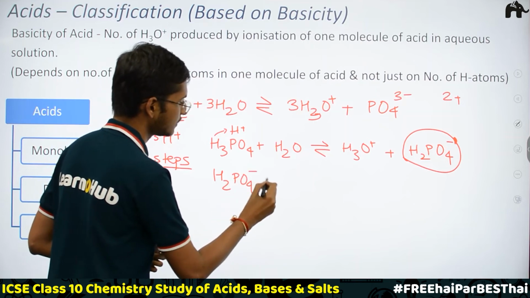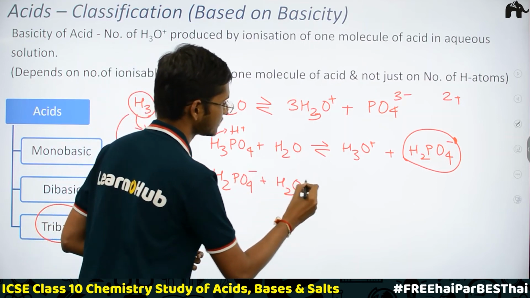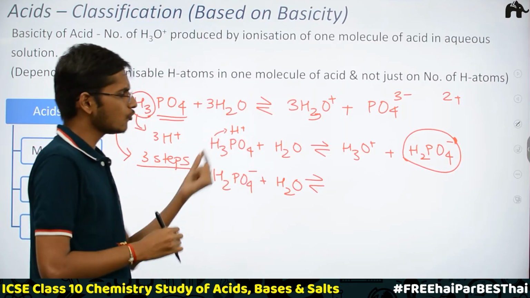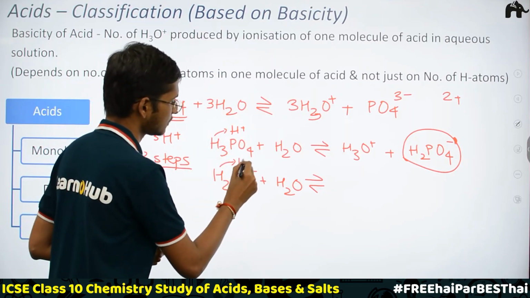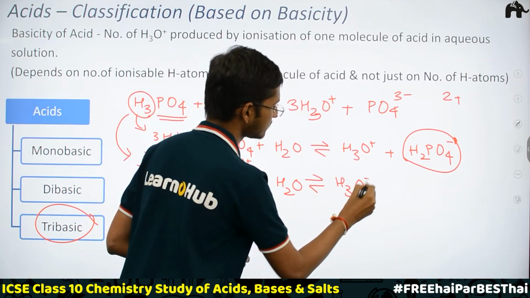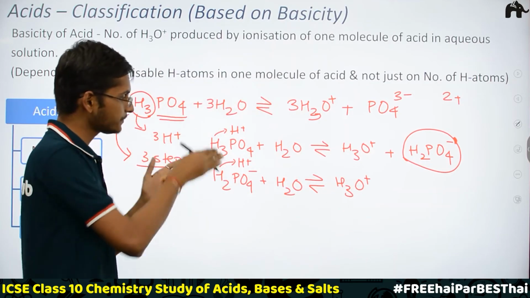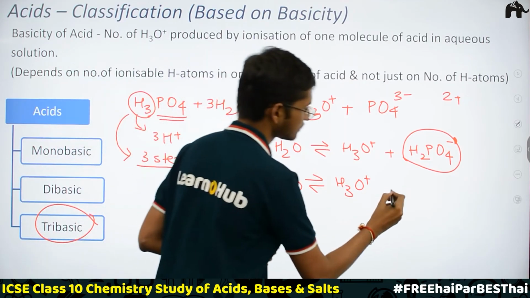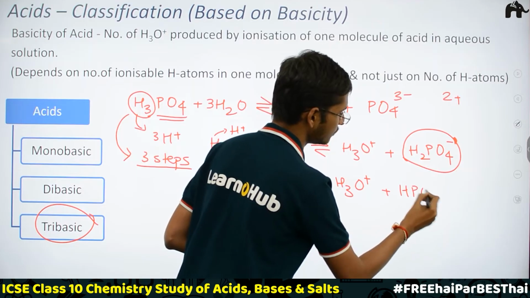Now we have to take up this H2PO4 minus ion, which would further ionize, 1 H plus at a time. Same way, 1 H plus bonds with a water molecule, forming 1 H3O plus, and what would be remaining? 1 H and PO4.